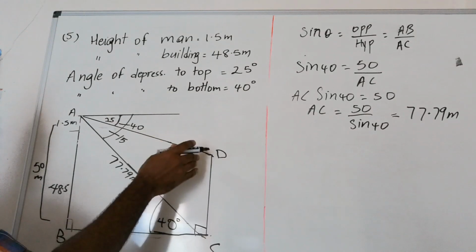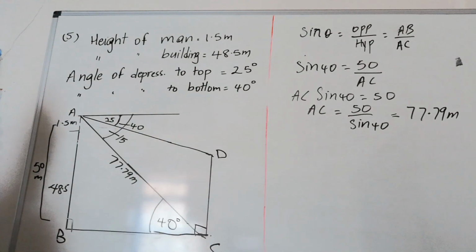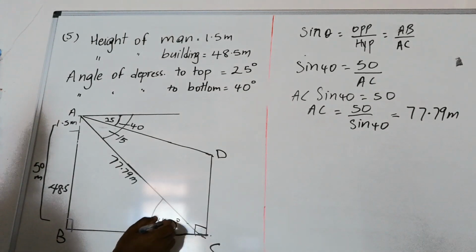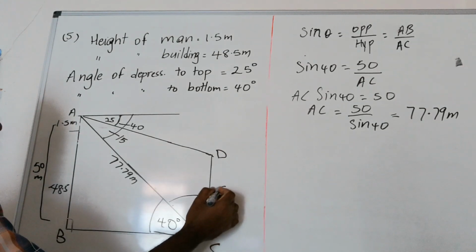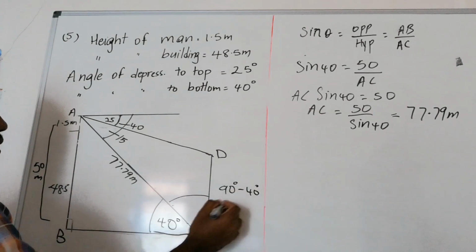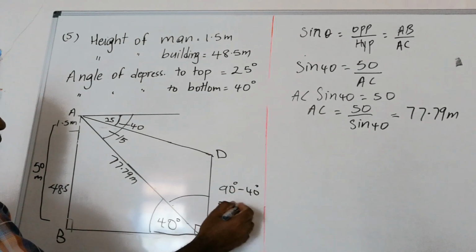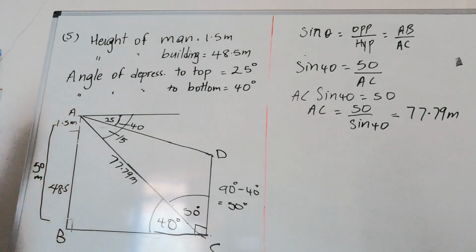So the vertical building and the horizontal line form a right angle. So this will be 90. So if here is 40, the angle here will be 90 degrees minus 40 degrees, which will be 50 degrees. So our angle here is 50 degrees.